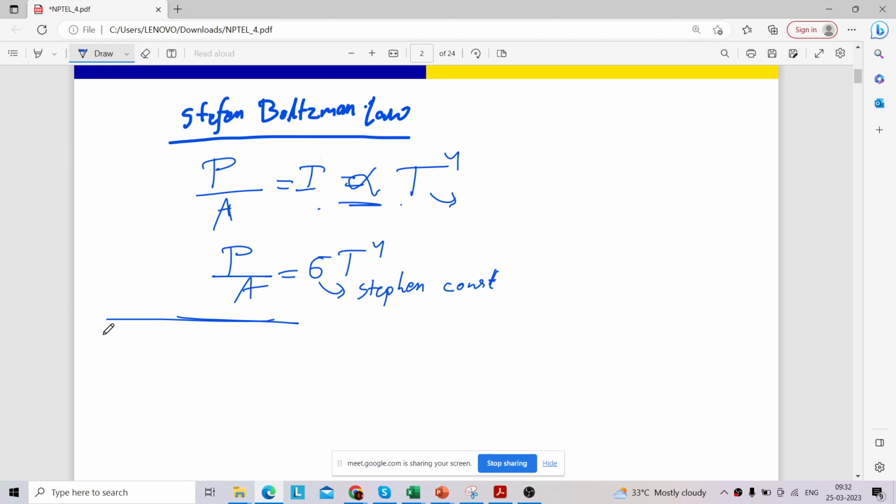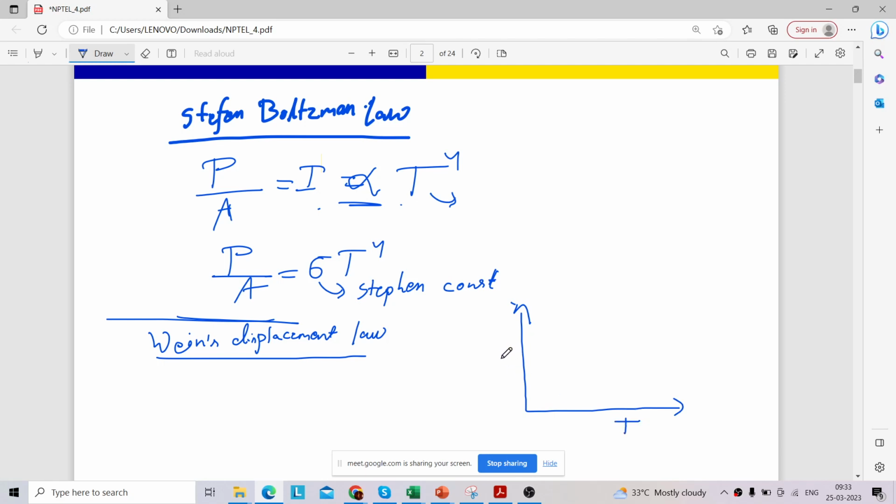And another thing, we will use Wien's displacement law. Wien's displacement law says that lambda max times T is equal to some constant.